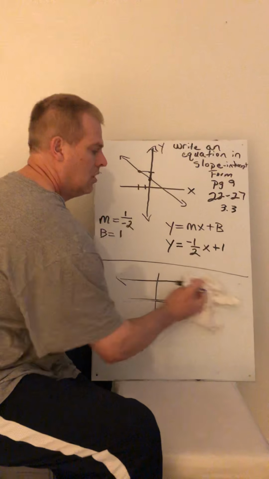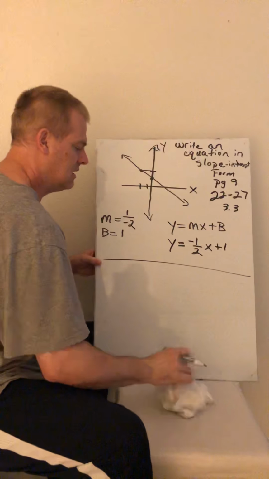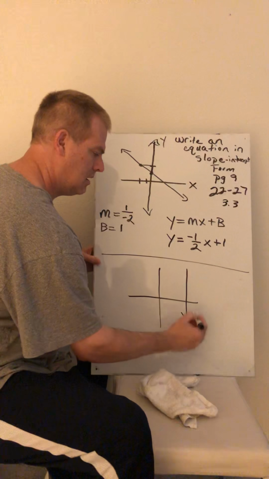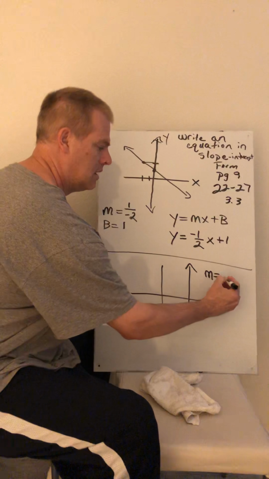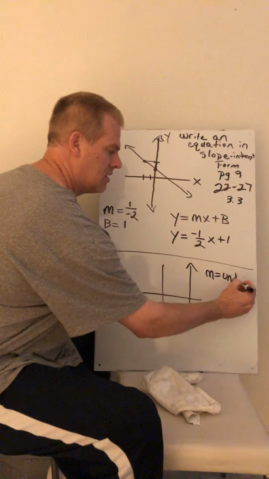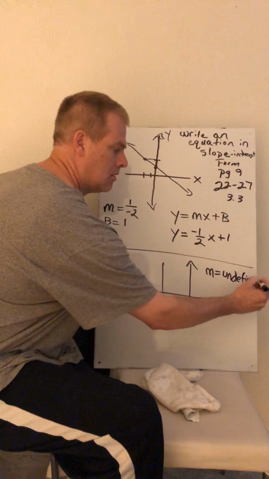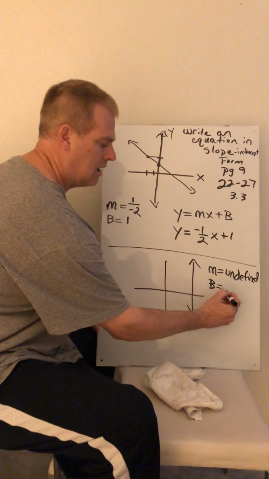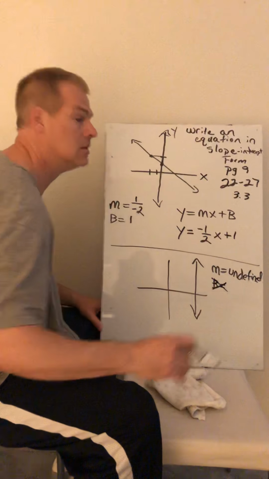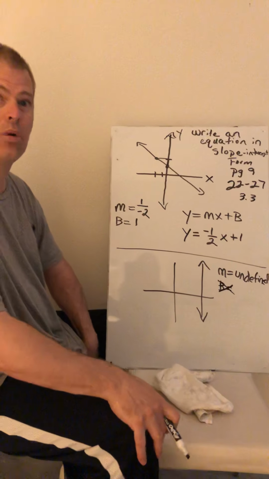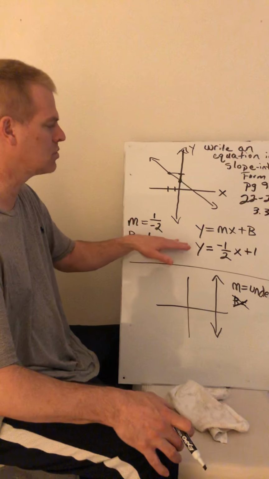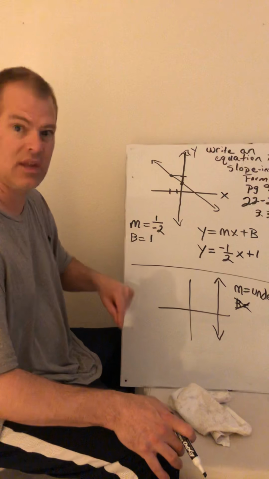Now, if your line is a vertical line, like this, your m is undefined. Okay? And I will help on this one. There is no b. So when you write this, the equation will be a little different than the other ones where it says y equals. So think about it.